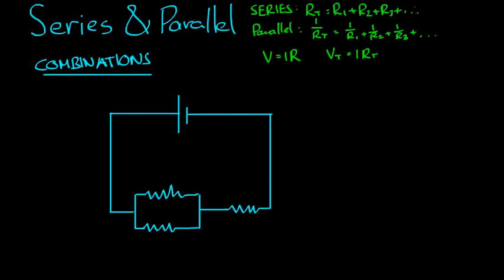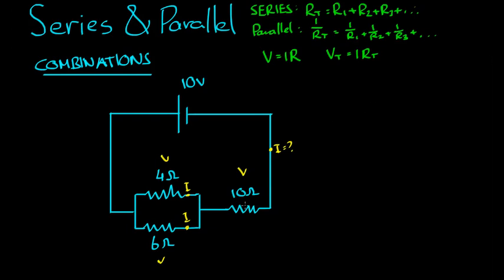They're in parallel. We'll still use the 10 volt source. That'll be 4 ohms, that'll be 6 ohms. This will be 10 ohms. Let's figure out the current here, the voltage here, the current for each of these, and the voltage there.